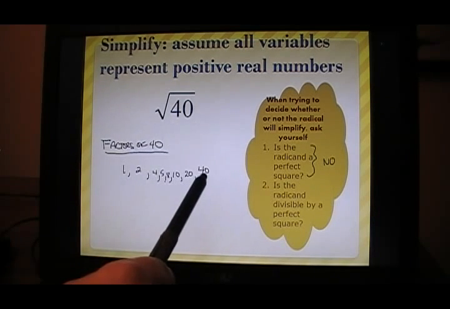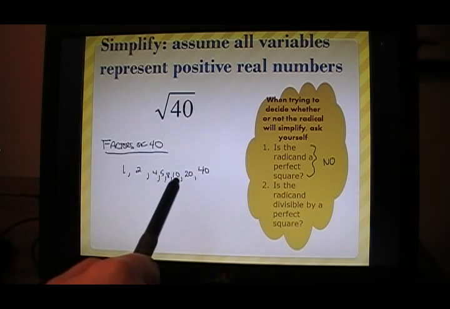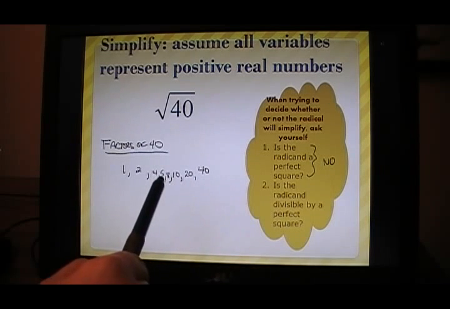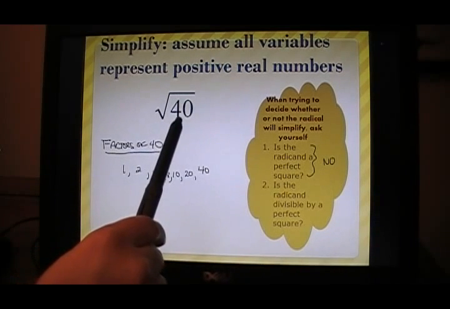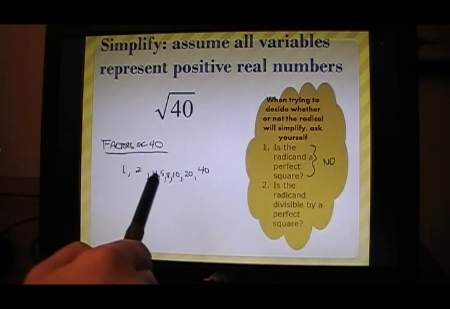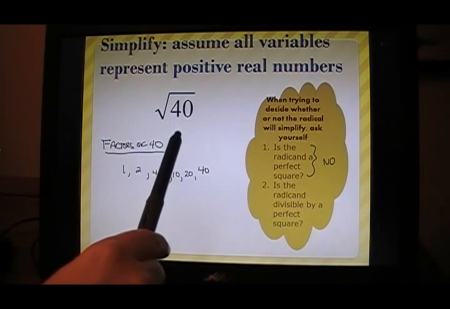Is 40 a perfect square? You can look at the perfect square list that we created at the beginning of the first chapter 9 video. And you'll see, no, 40 is not, 20 is not, 10 is not, 8 is not, 5 is not, 4 is. So because 40 is divisible by a perfect square, I can simplify this expression.